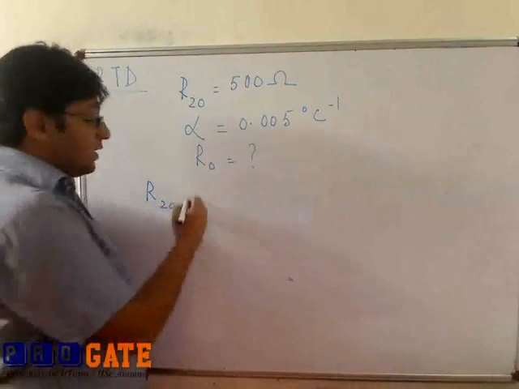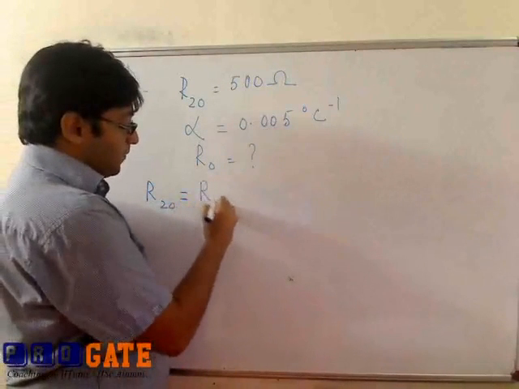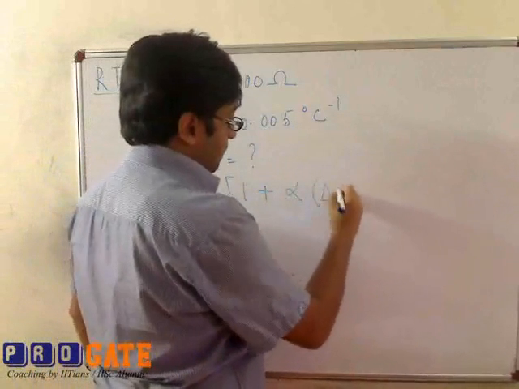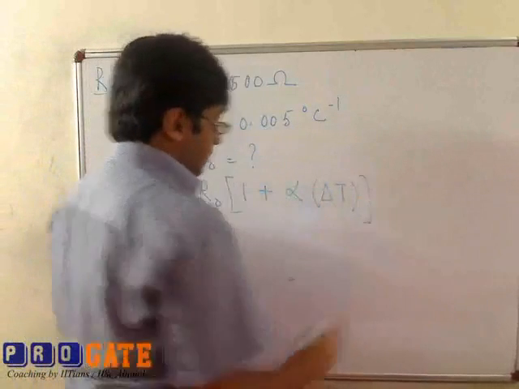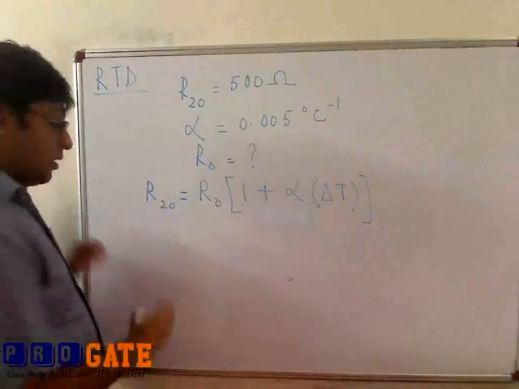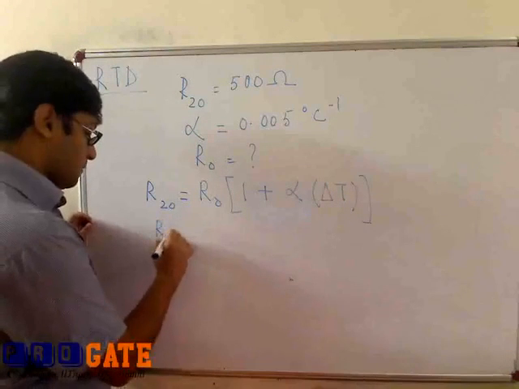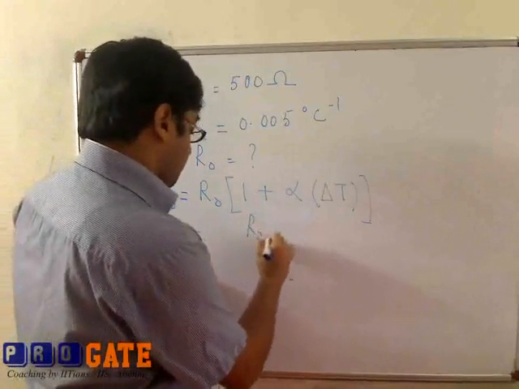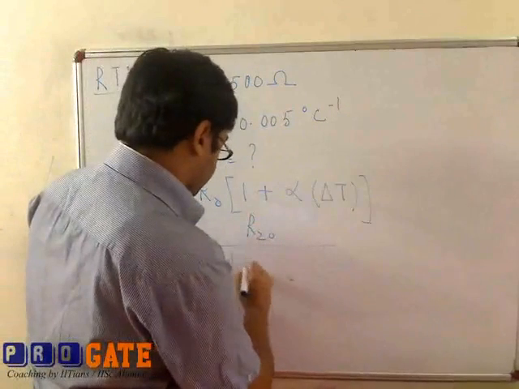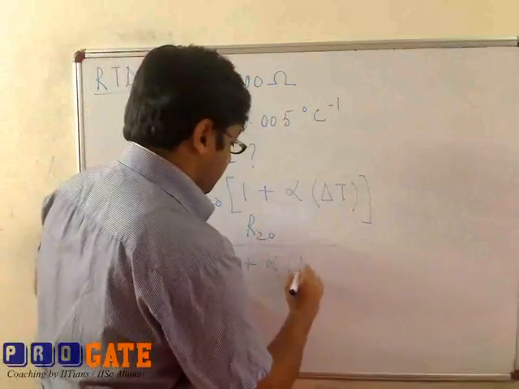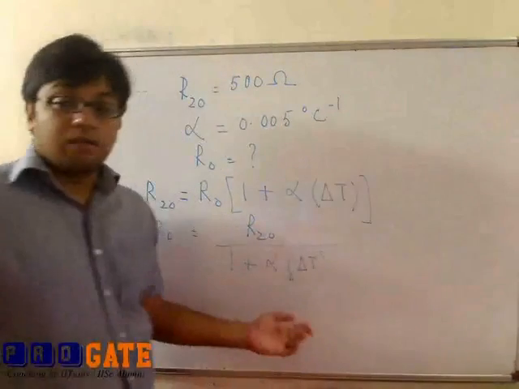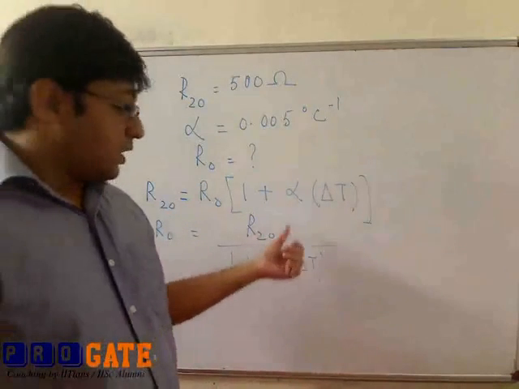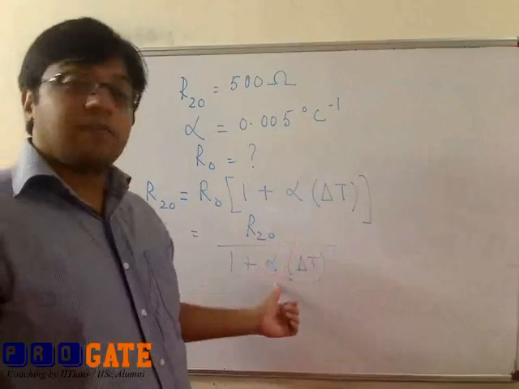Therefore, we may write R20 is equal to, or arranging this to obtain R0, we get this expression. Now in this expression, we are given the value of R20. We are also given the value of alpha.